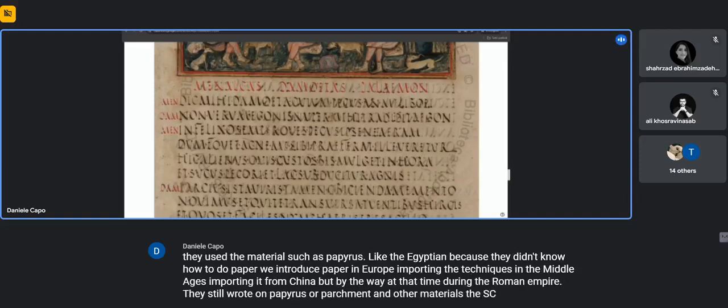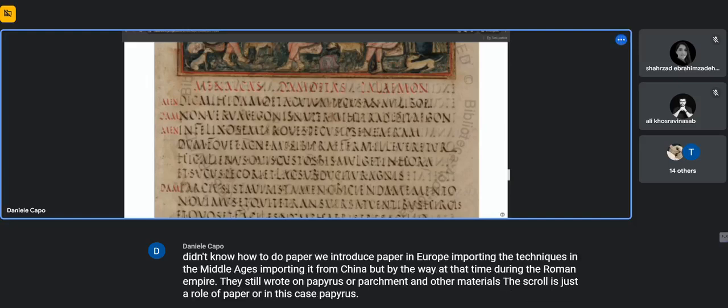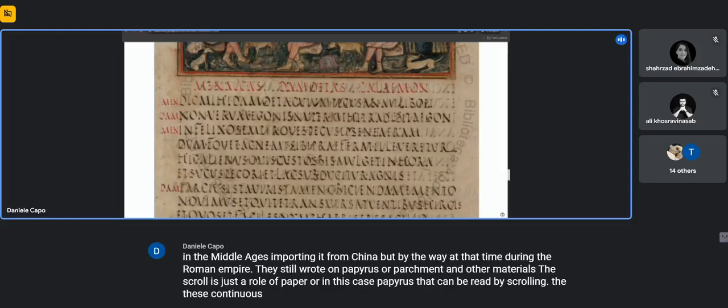The scroll is just a roll of paper, or in this case papyrus, that can be read by scrolling this continuous paper or papyrus.